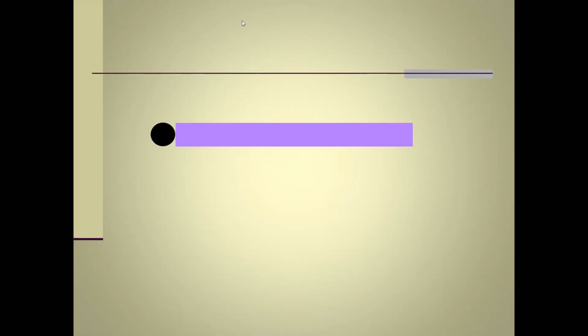This is an object and here's a pivot. A force of 10 Newton and a force of 30 Newton is acting upward.